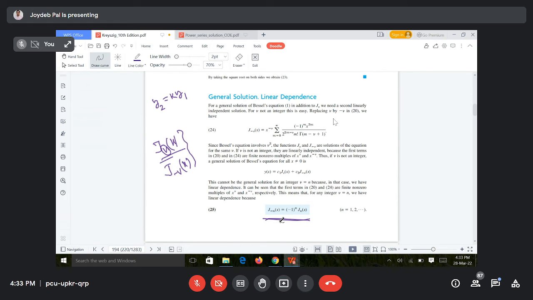So whenever we solve the Bessel's equation, we got the value of r, it is plus minus nu, right? These are the roots of the indicial equation. So one solution is represented as J nu x, and according to the Frobenius method, the other solution may be J minus nu x, because roots are plus minus nu.